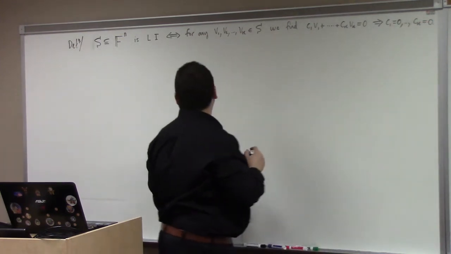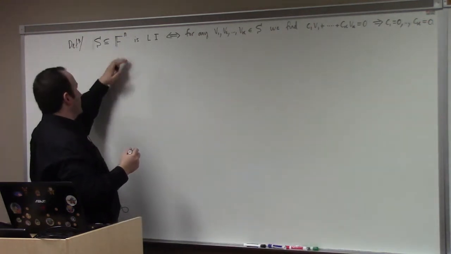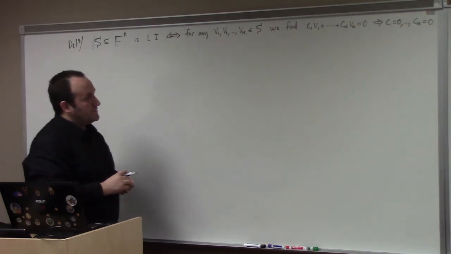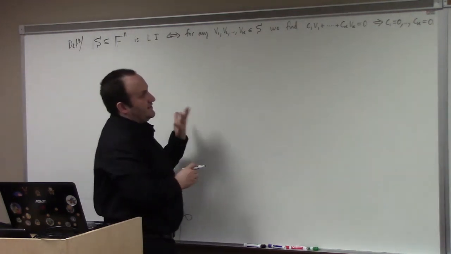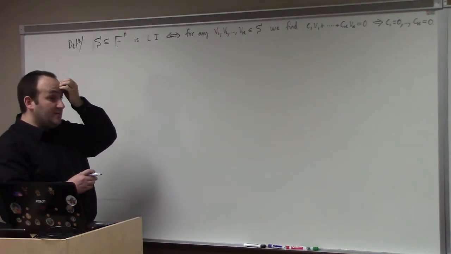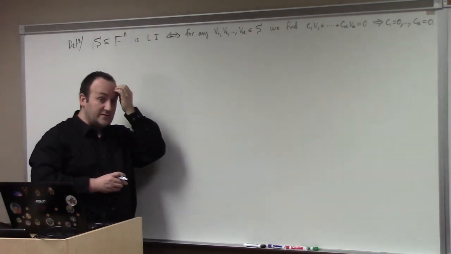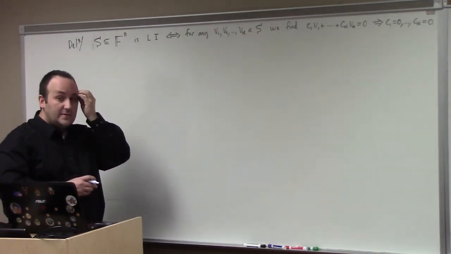In other words, a subset of column vectors is linearly independent if and only if whenever you take a linear combination of them set equal to 0, it forces it to be the trivial combination.